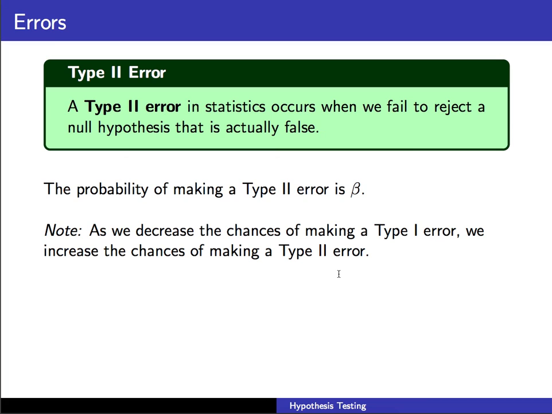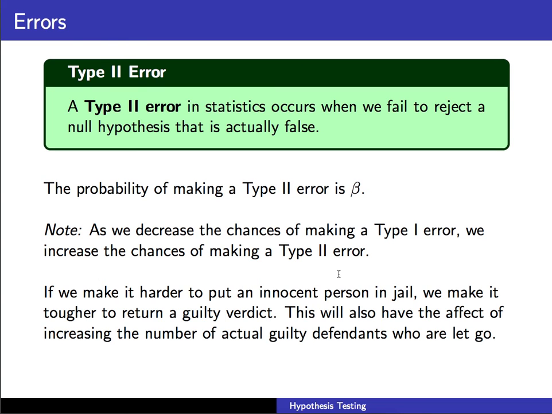As we decrease the chances of making a type 1 error, so as we decrease the chances of sending an innocent person to jail, unfortunately, we also increase the chances of making a type 2 error. The reason is that if we make it harder to put an innocent person in jail, let's say we need more and more evidence to convict somebody in a court of law, then the flip side is you're going to make it tougher to return a guilty verdict.